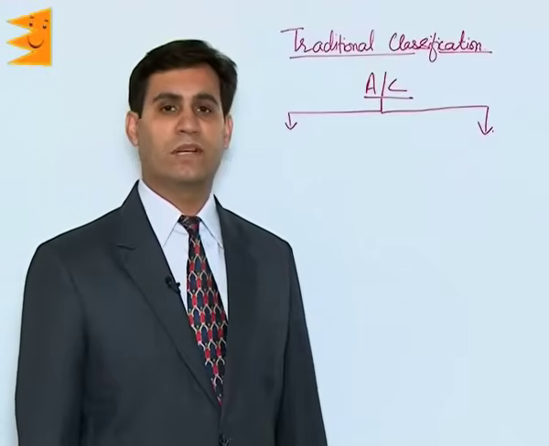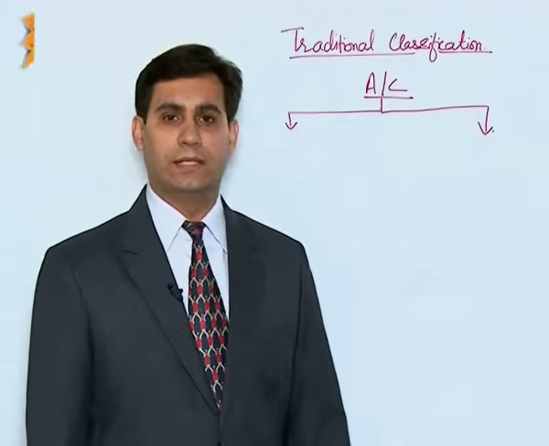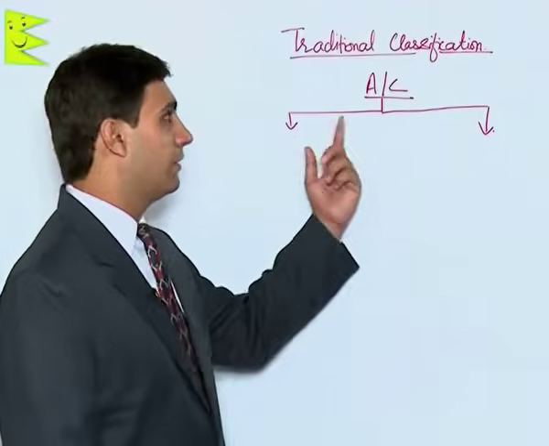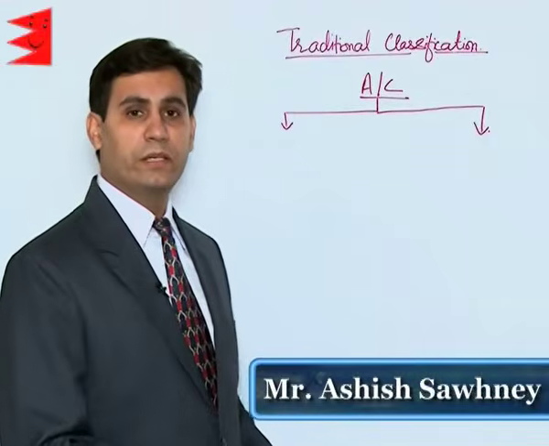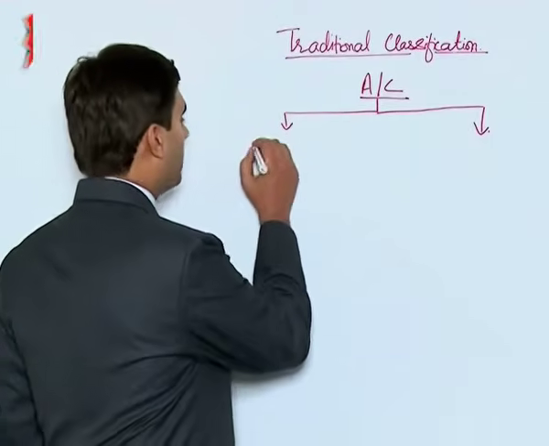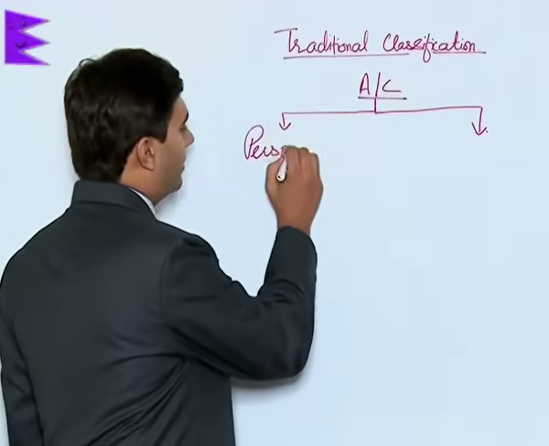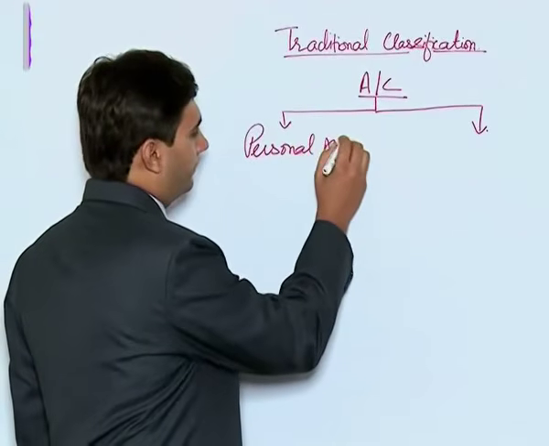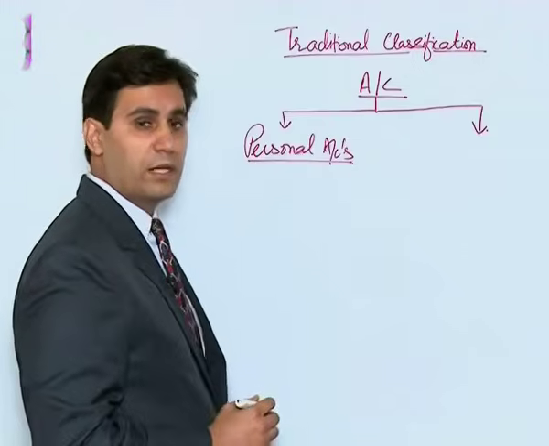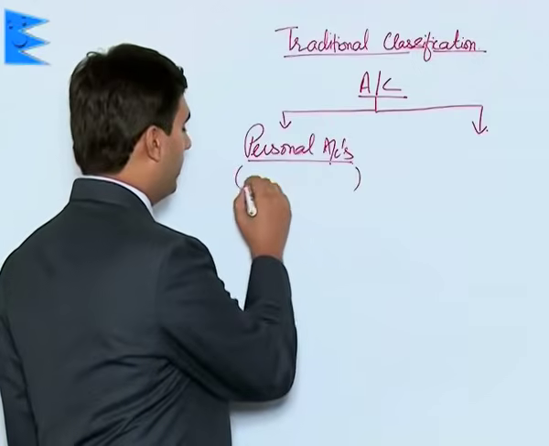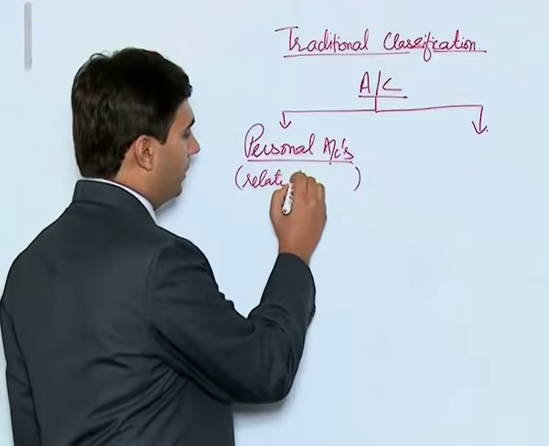Let us study about traditional classification of accounts in detail. Now, under traditional classification, any account can be broadly classified under two different categories. The first one being personal accounts. Now students, as the name suggests, personal accounts are accounts which relate to any individual.